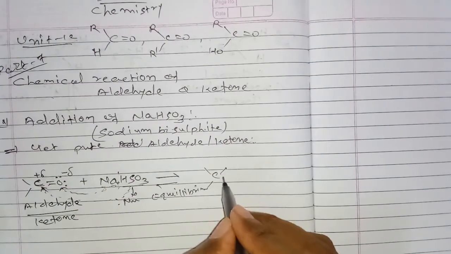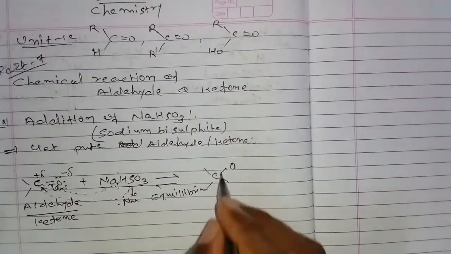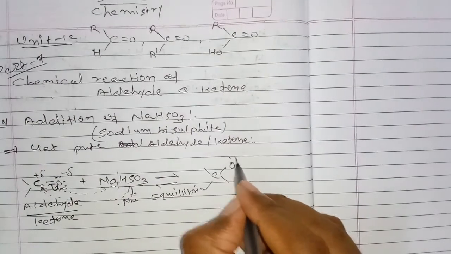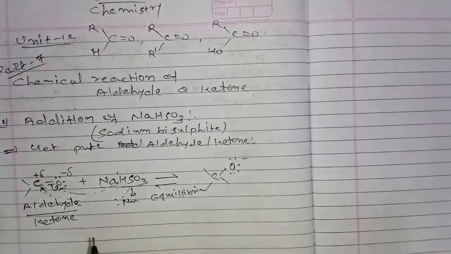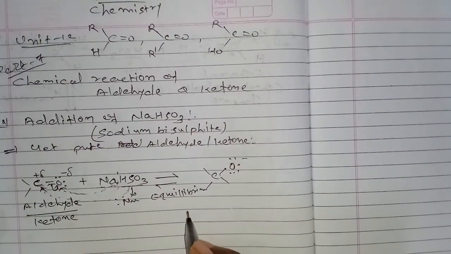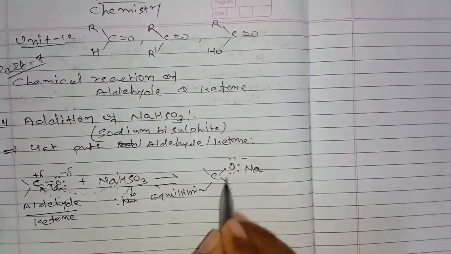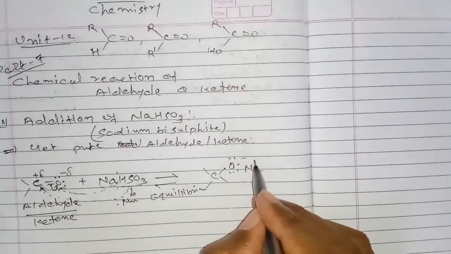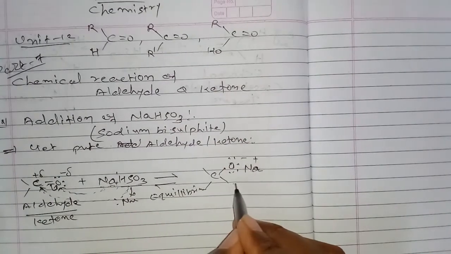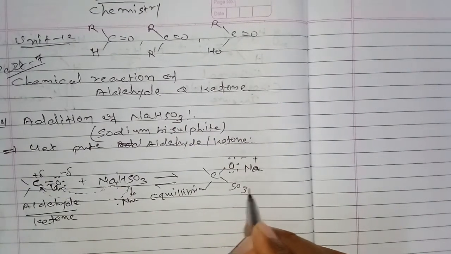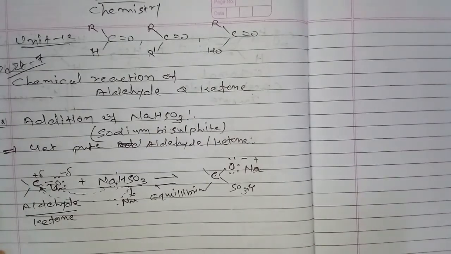an intermediate is formed. This will be converted to a single bond, and here oxygen has 3 lone pairs of electrons and a negative charge. Now this sodium is attached with the oxygen, and SO3H will attack on carbon.